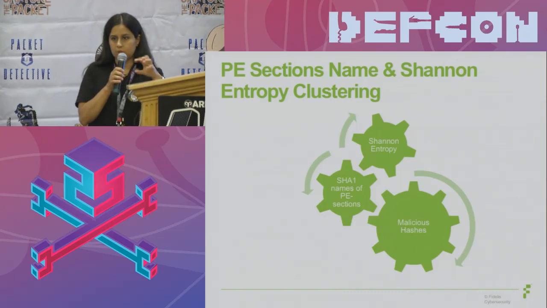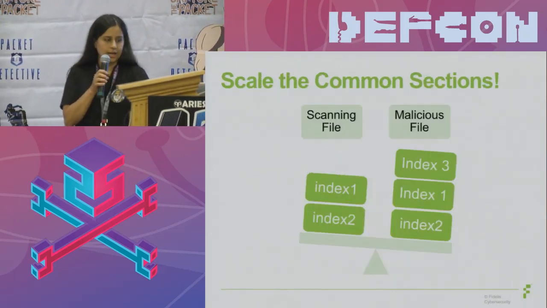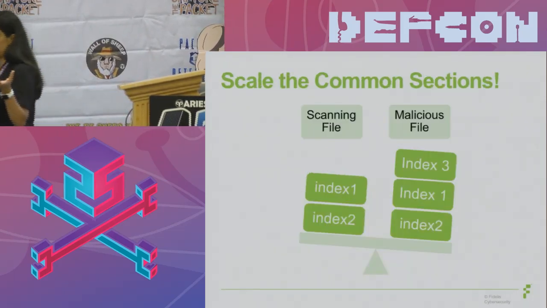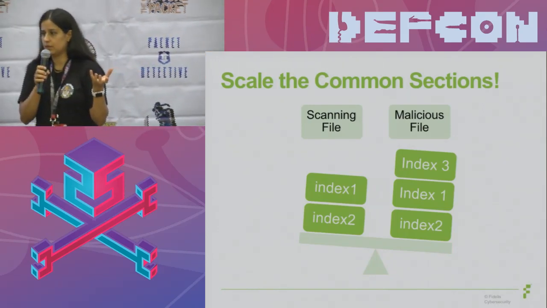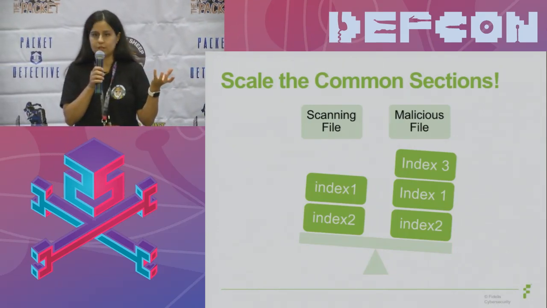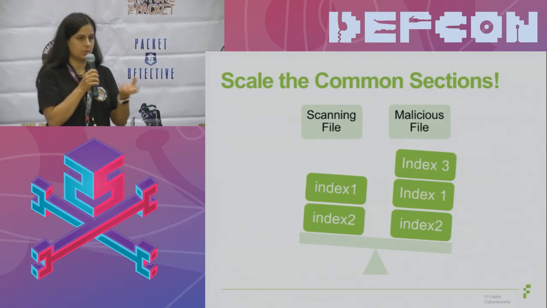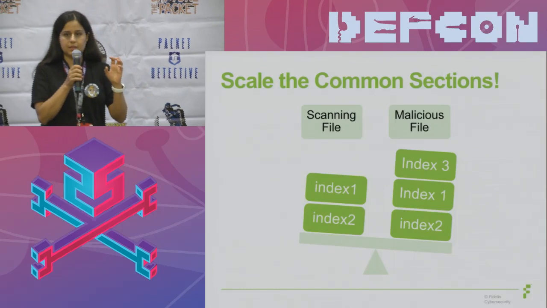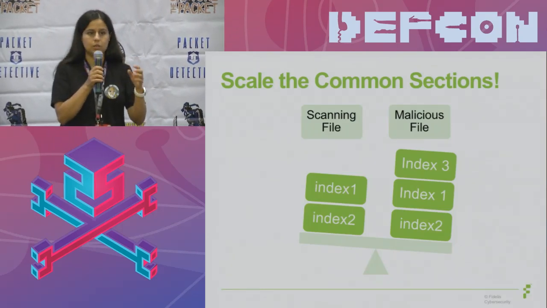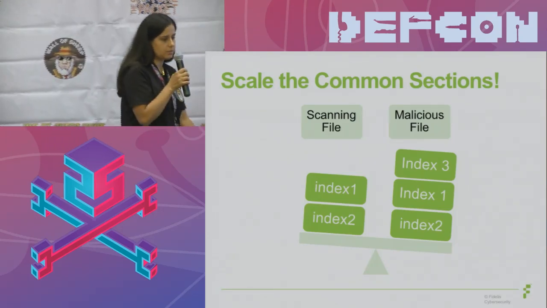All of this information is clustered somewhere. Now it's sort of a scaling of the file that I'm seeing right now, to see what the similarities are. If it is an executable, what are the similarities between these two? Based on the similarities and the scoring, where I set a threshold, I'm going to flag it as suspicious.